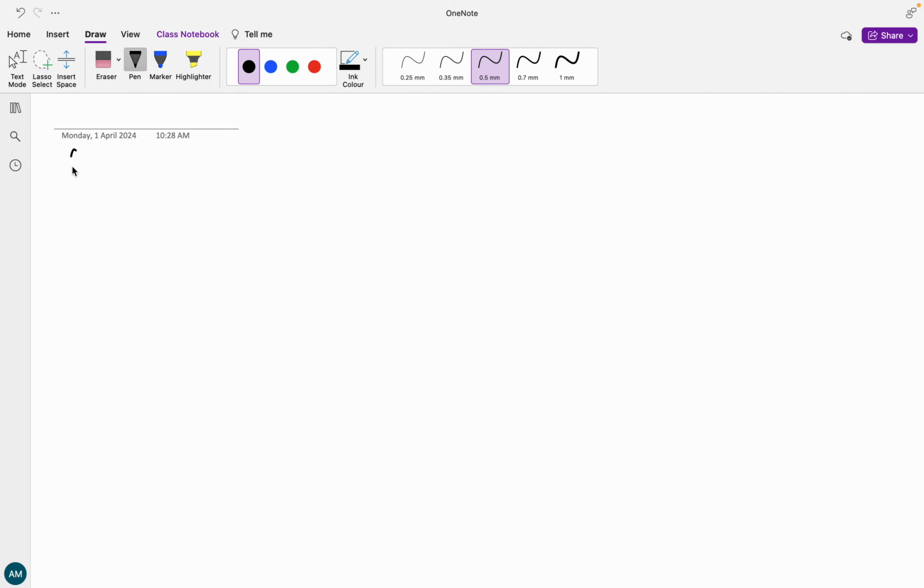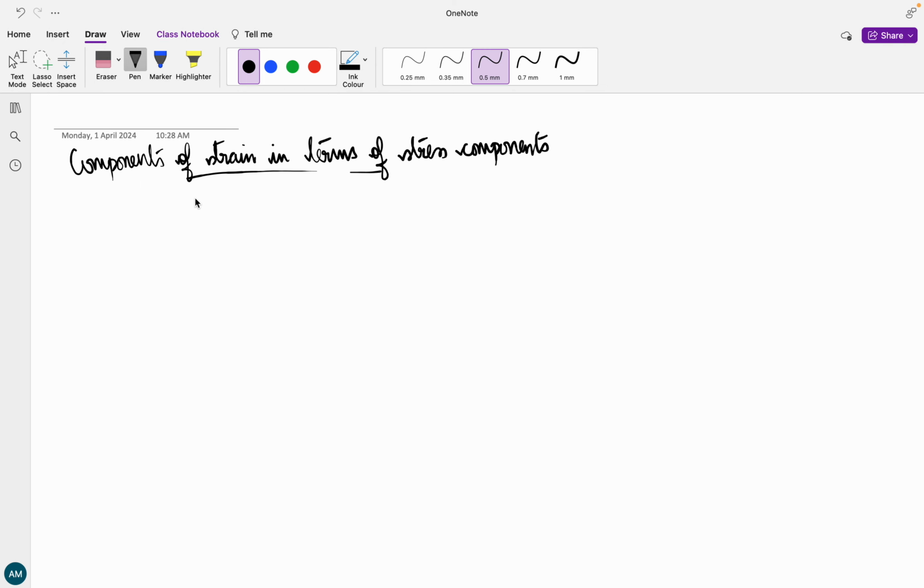Let us talk about components of strain in terms of stress components. So we know about the stress tensor, we know about the strain tensor, we know about the strain displacement relationships.